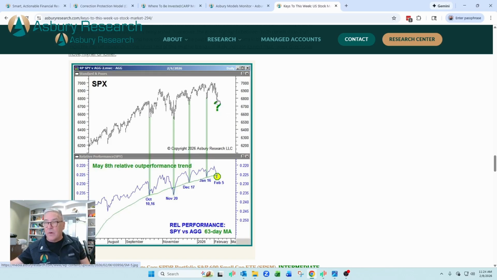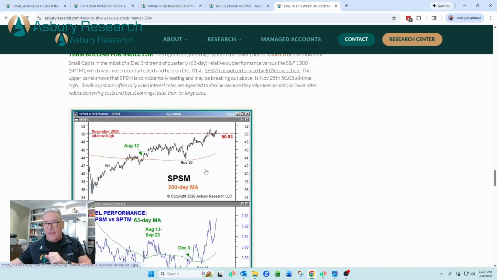Each of these turned out to be a tactical bottom in the S&P 500. As long as this trend stays intact, market's going higher, and the CPM will readjust and we'll get back in. If we fail here, if we fail early next week, and this relative performance line starts to roll downward, meaning stocks are underperforming aggregate bonds, that's a problem. We're probably making a top. So this is really important to look at.